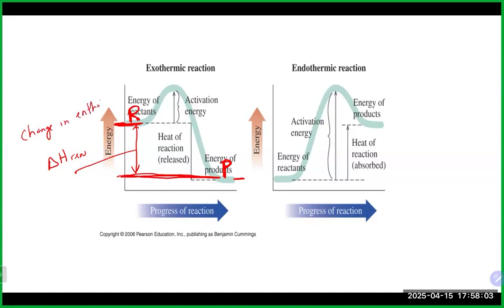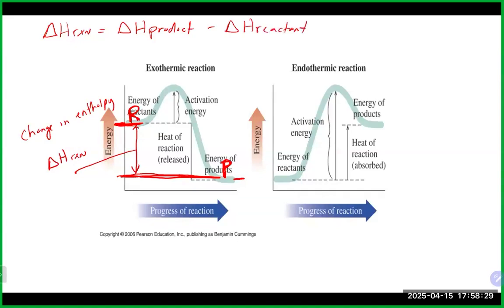That is a fancy way of saying how much energy is either gained or released in a chemical reaction. One of the ways you could calculate the delta H of a reaction is you take the delta H of your products, your final state, minus the delta H of your reactants, which is your initial state.